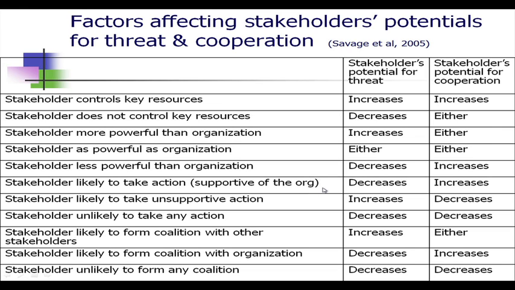You can enhance the stakeholders' chances of taking supportive actions for the organization. If you want the threat to go away, you reduce the chances of the stakeholders to take any action. If you want their cooperation, make sure you create opportunities for them to coalesce with your organization so they can cooperate with you.